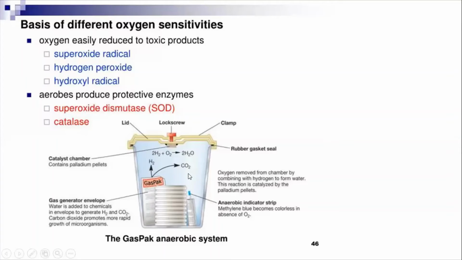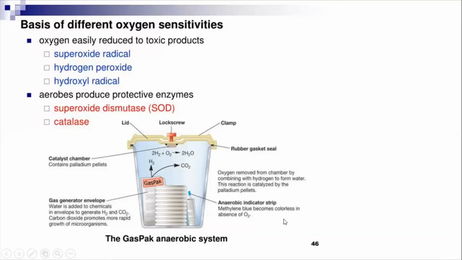H2 and CO2 come out. Whatever oxygen is released here will be removed by the chamber activity, because the H2 has been released from the gas pack. That O2 will combine with the hydrogen and give you water. This is the chemical reaction taking place with the help of palladium, the catalyst.